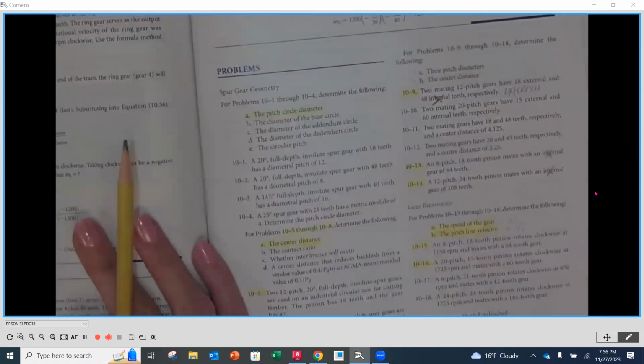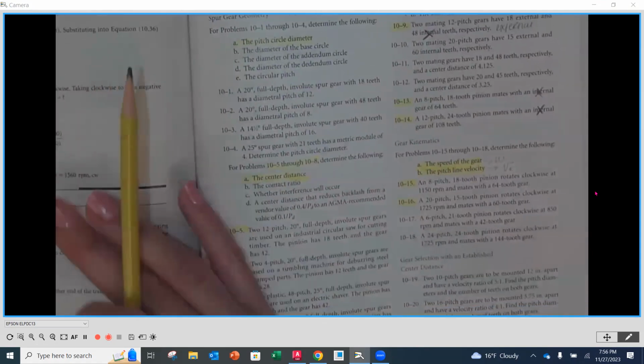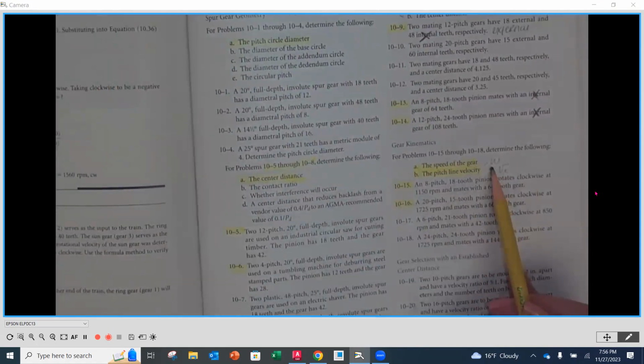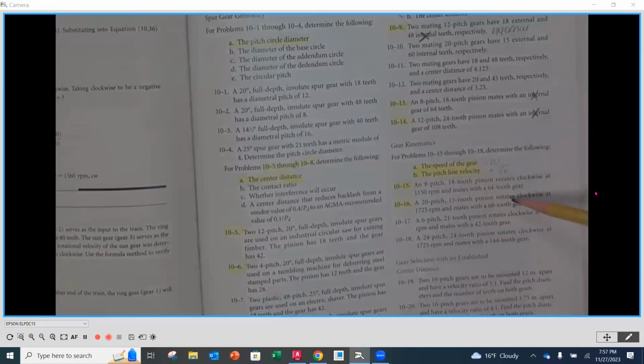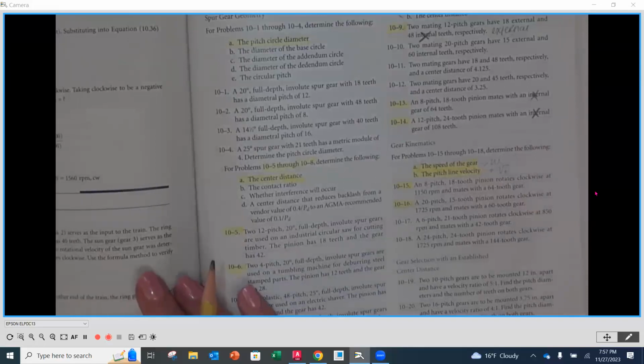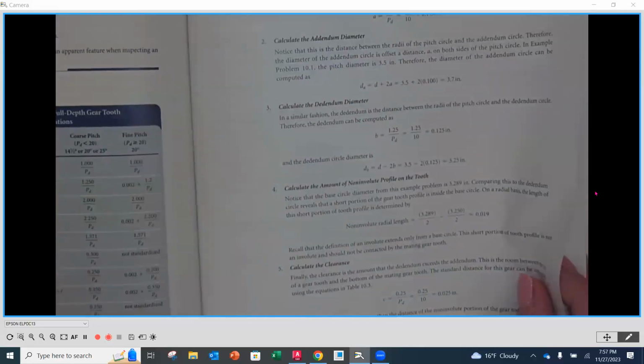Then number 15 and 16 is looking at the speed of the gear, which would be the angular velocity W, and the pitch line speed. That's going to be our VT for each one of these descriptions here. Angular velocity and pitch line speed equations are also in our chapter here.